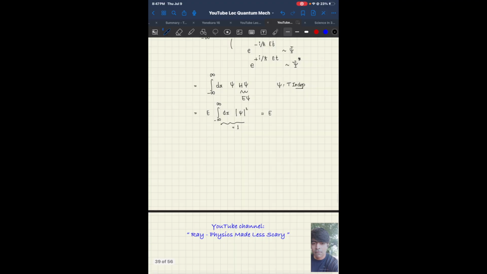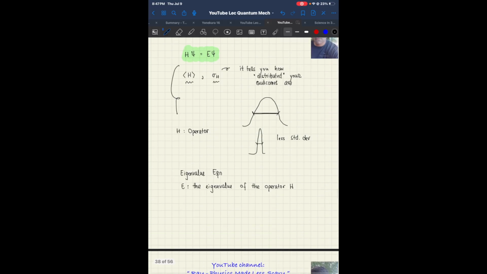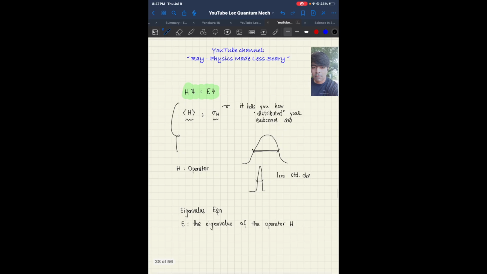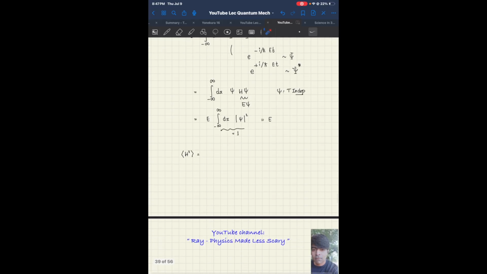Likewise, exactly similarly, that's the power of these differential eigenvalue equations. For example, if you have an H here again, or in other words, if you are to evaluate the expectation of H square, you would get exactly E square. Why is that?